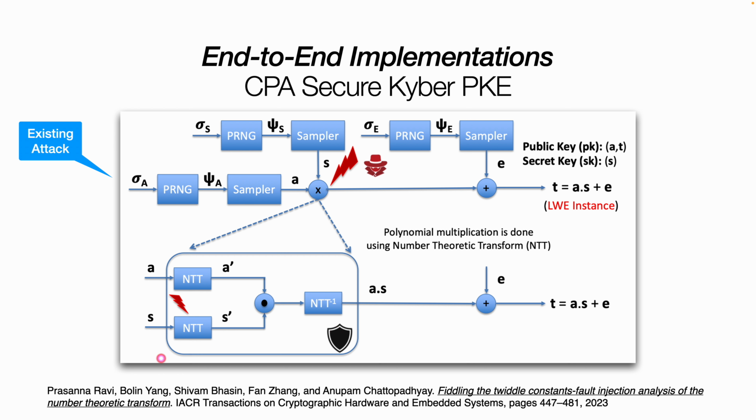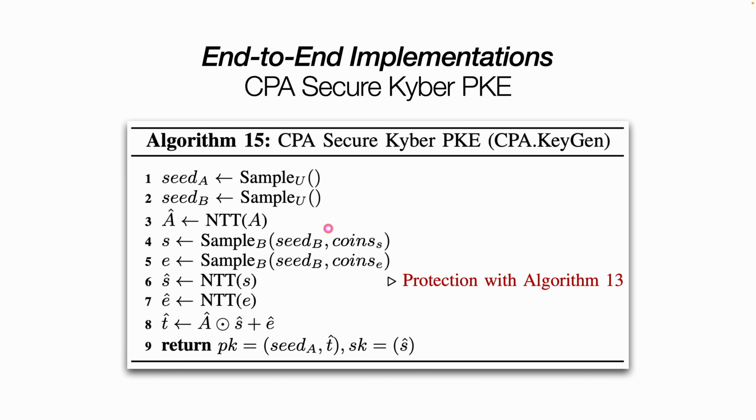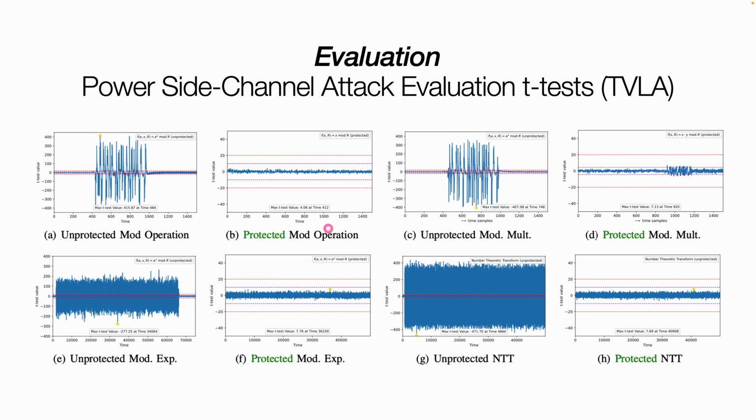The attack targets the NTT that calculates S, and this polynomial multiplication is basically in the key generation part with A and the public key and the secret key S. They are generated, and in their multiplication, the attackers basically invalidate S in order to break the operation. So line 6 represents this location, and it is protected with algorithm 13 that I showed to you before.